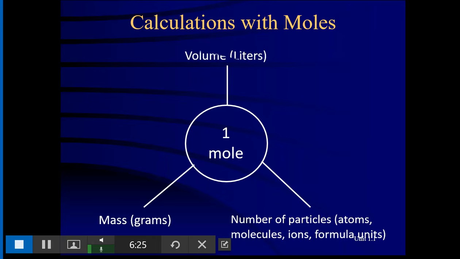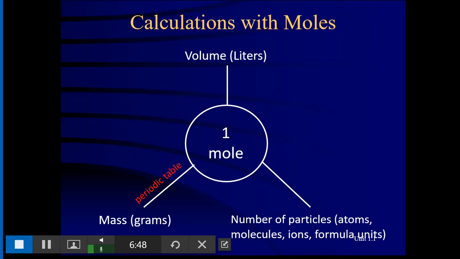If we want to convert between volume and moles, or any of these other quantities, we can do that. The point of this graphic organizer is to say that when you're converting, you must convert to moles first before you do anything else. So what are the conversion factors we use?